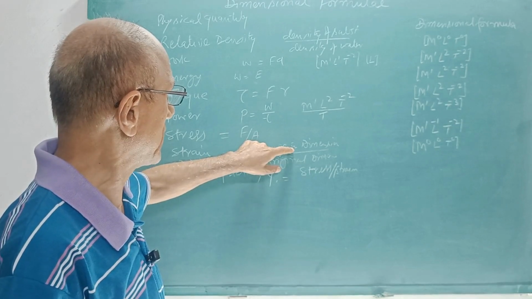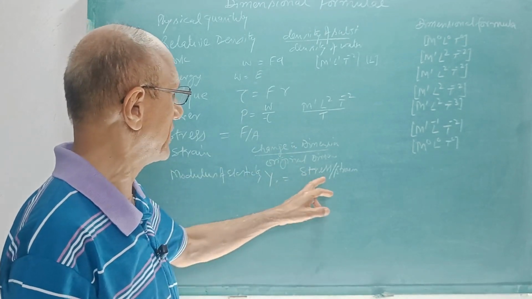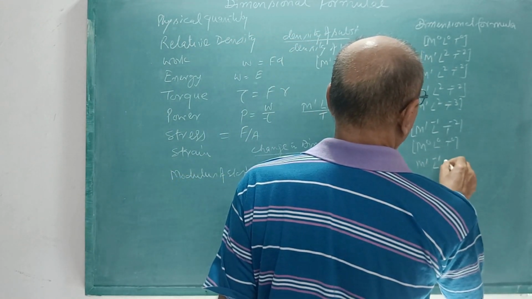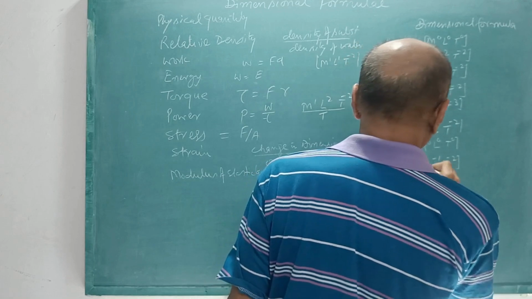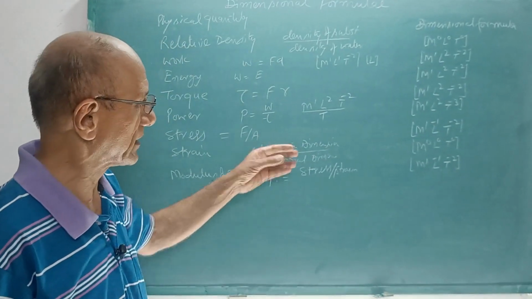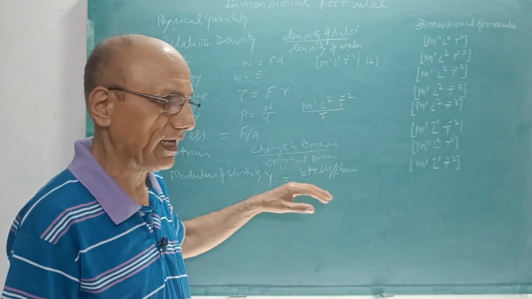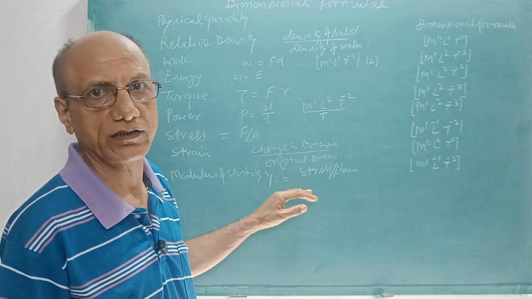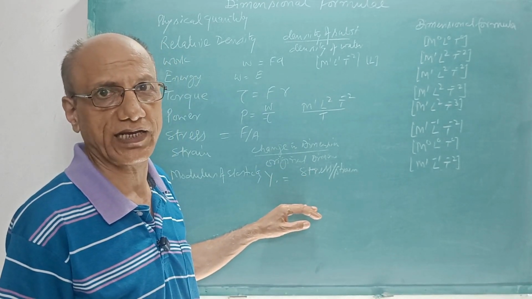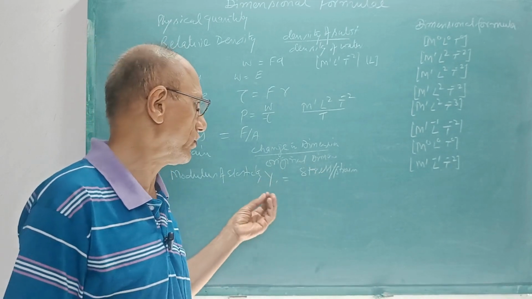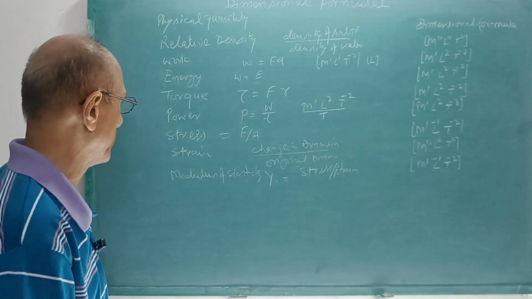So it is M1 L minus 1 T minus 2. If it is Young's modulus, it is longitudinal stress upon longitudinal strain. If it is bulk modulus, then it is volume stress upon volume strain. If it is modulus of rigidity, it is shearing stress upon shearing strain. So they will all have the same dimension.